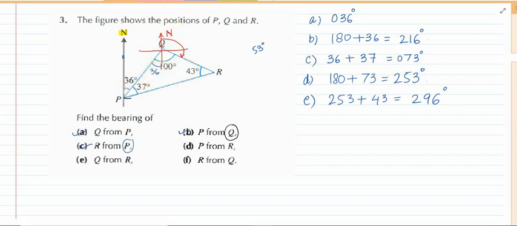Now the total angle is 100. If this angle is 36, you can find out the leftover part. 100 minus 36 is equal to 64. So this angle here is 64, right? We need to find the red angle. Now look closely. Starting with the north, you are going, and you reach this point.